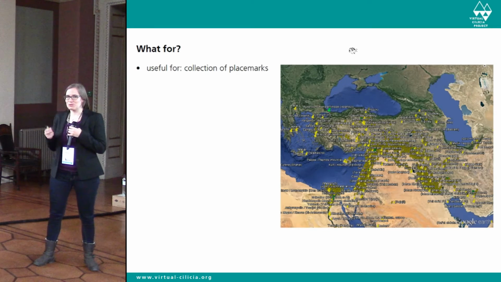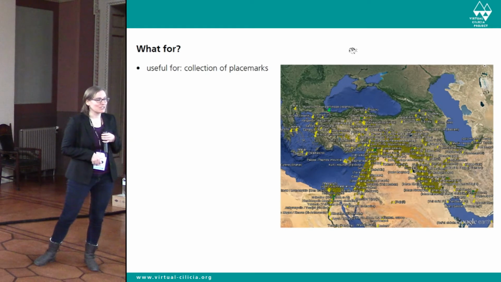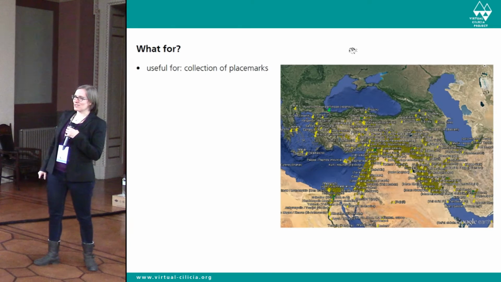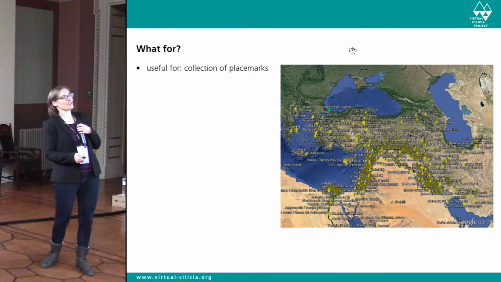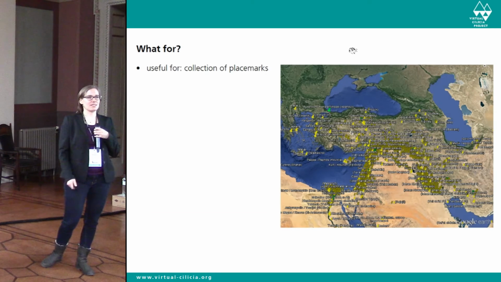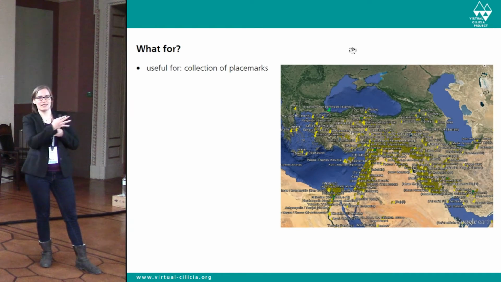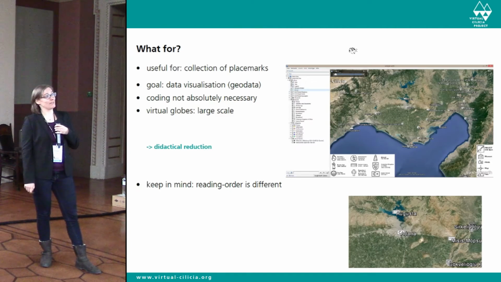I'm absolutely sure that every Near Eastern archaeologist who is using his computer for more than only MS Office, Skype and the browser has once downloaded these ANE placemarks. They are really useful, but it's a bunch of information and it's hard to find a way to figure out something.